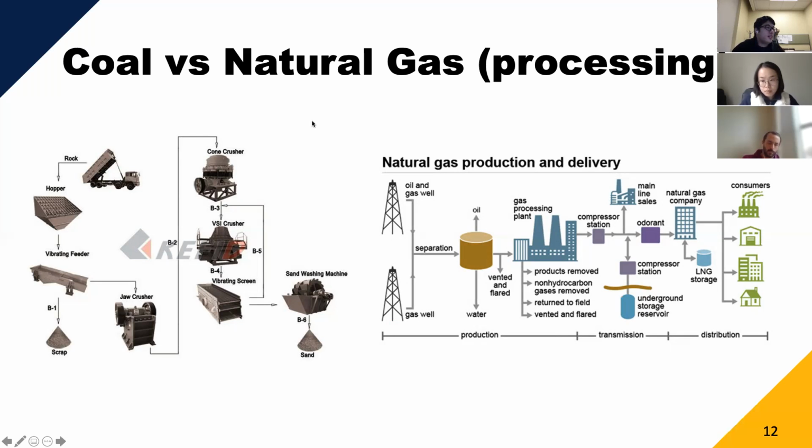So processing of fuels on the left-hand side, and I had briefly talked about this last class. Essentially, when we want to do combustion of coal, it's not like these large charcoal briquettes that you would see if you're doing a barbecue, right?